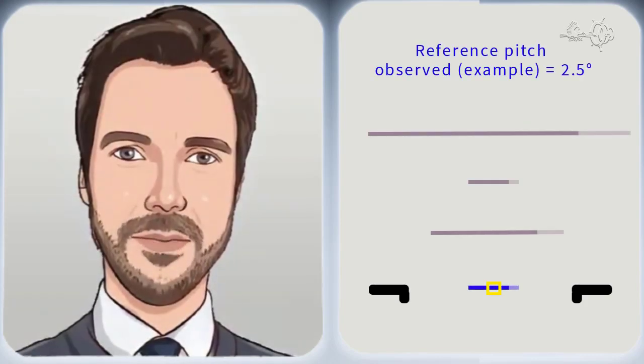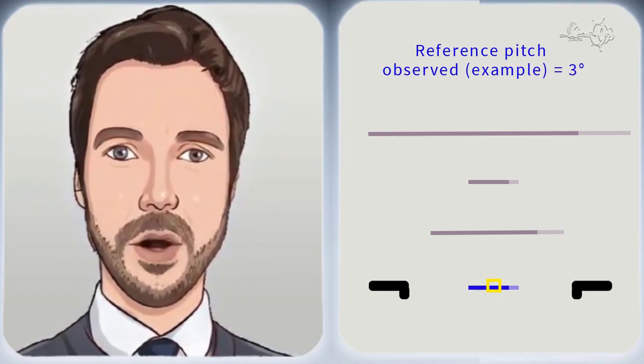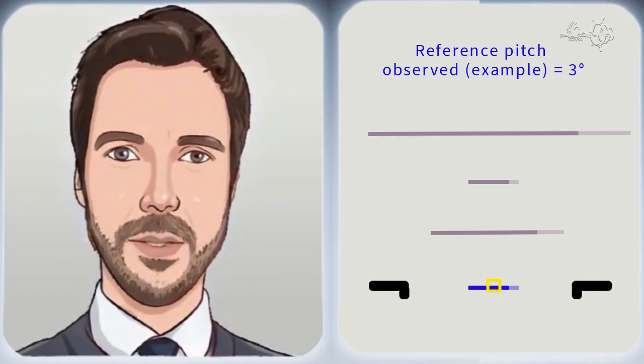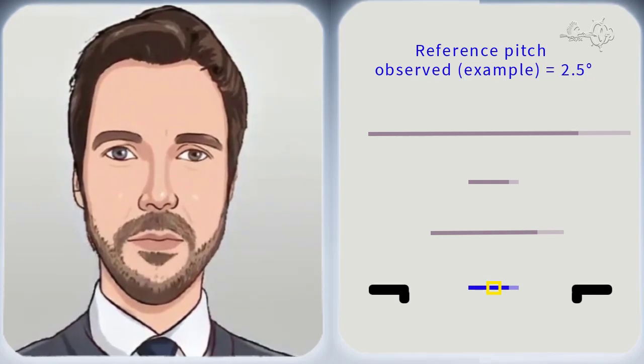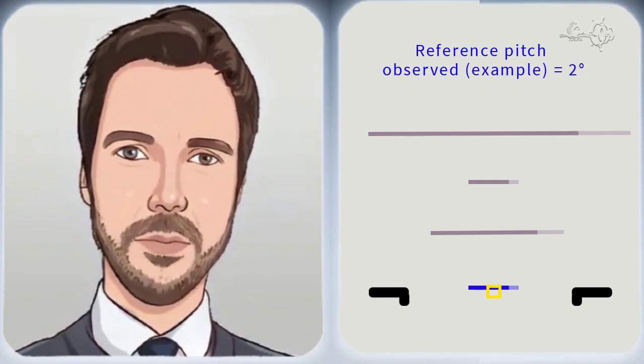The reference pitch defines the equilibrium pitch angle, the stable pitch observed by the pilot after establishing a consistent flight configuration. This determination is made by observing the aircraft over a period of 5 to 10 seconds.